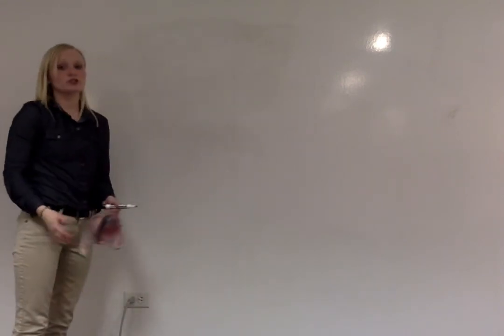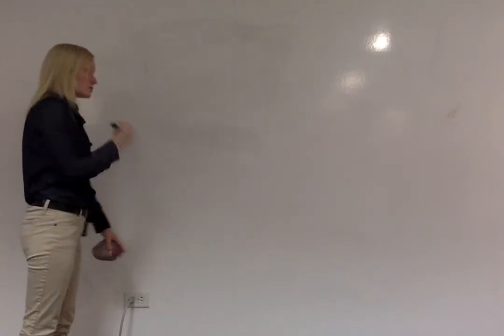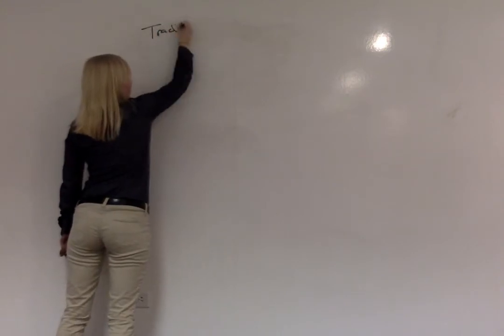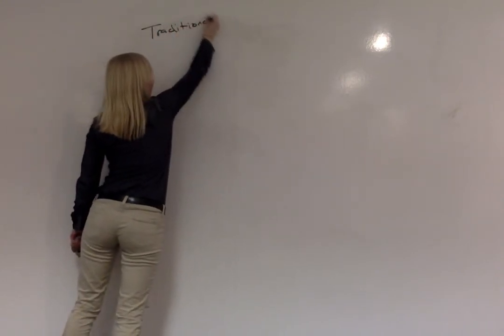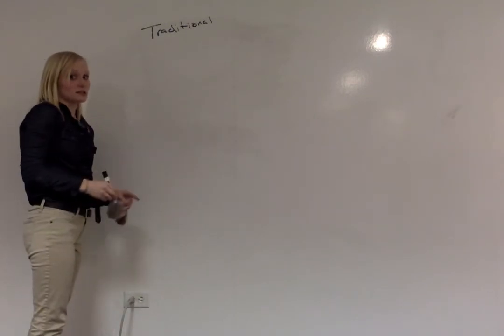Now we will move on to subtracting in other bases. The first strategy of subtracting in other bases is the traditional algorithm as well. The traditional algorithm is set up the same way it was in addition.